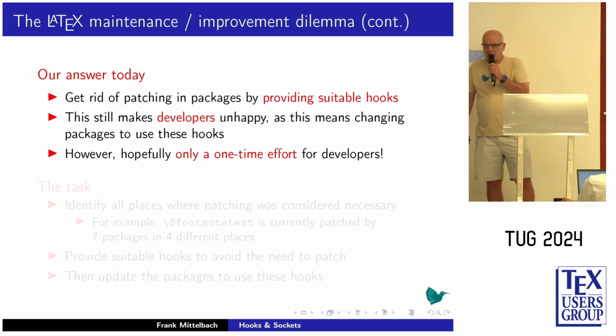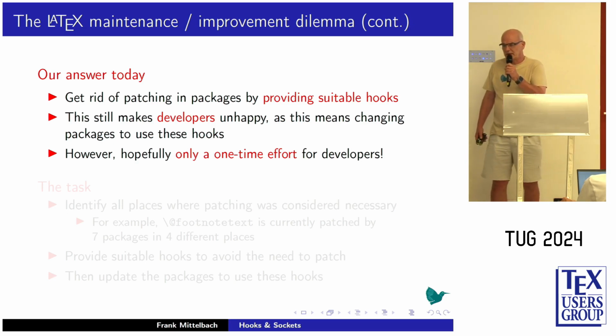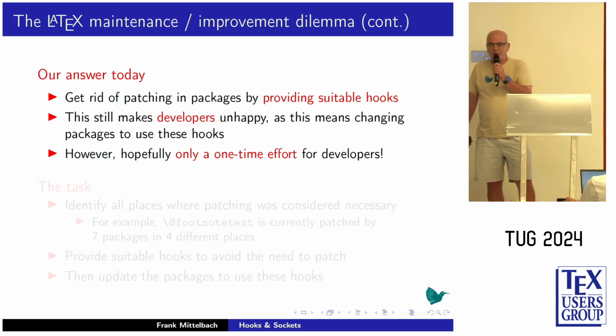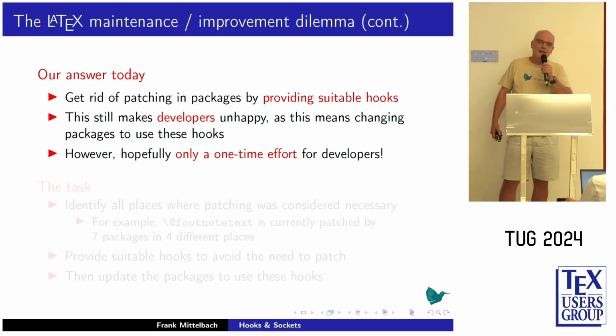The answer today, or let's say since then, is we are now changing LaTeX, improving it, and we want to get rid of patching. What we want is to have suitable hooks in every necessary place so that packages can add to these hooks, and then we have a mechanism to manage this. So this is the way forward.